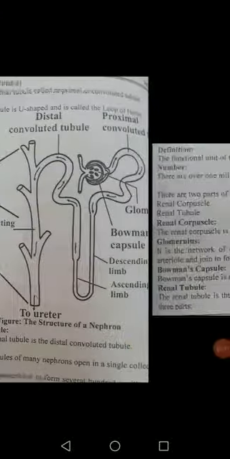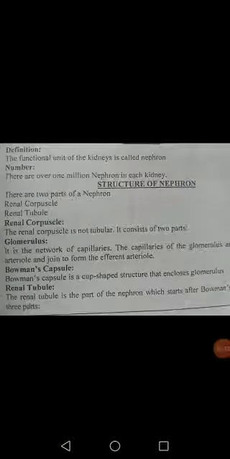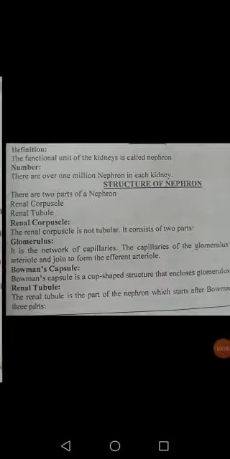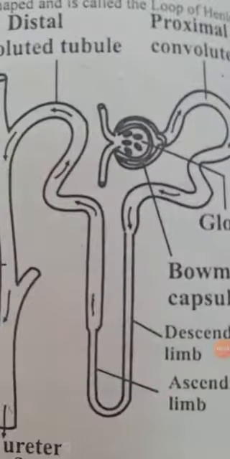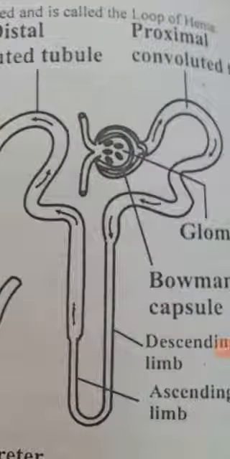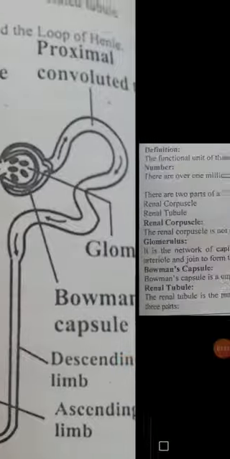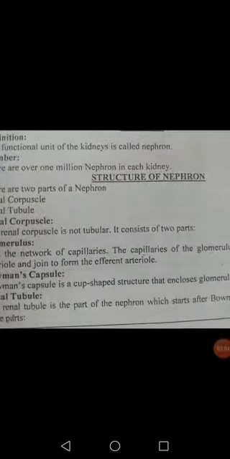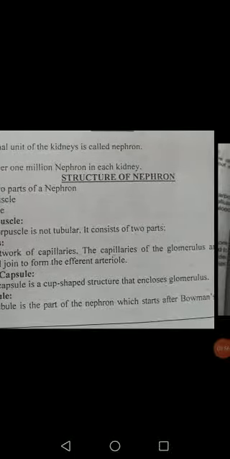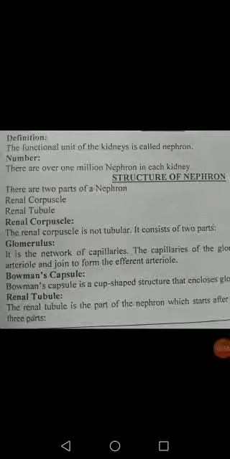This is the structure of the nephron. A nephron consists of two parts: the renal corpuscle and the renal tubule. The renal corpuscle is further divided into two parts: the glomerulus and Bowman's capsule. The glomerulus is a network of capillaries, formed from the afferent arteries, which then join to form the efferent arterioles.